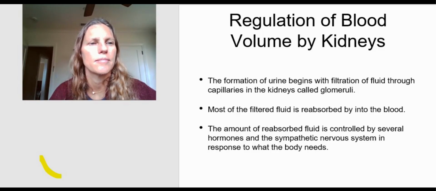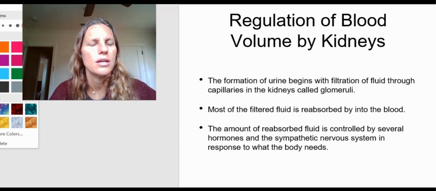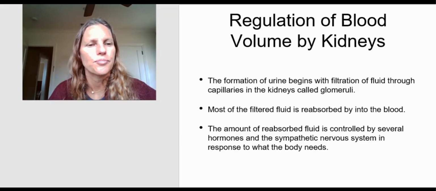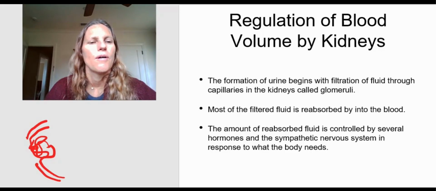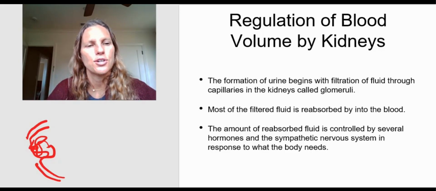Let's do it in red for our blood. We have the afferent arteriole, and we have the glomerulus, which is this funny capillary ball. Then we have the efferent arteriole. Blood flows towards the nephron in the afferent arteriole and then into the glomerulus, and whatever leaves the glomerulus leaves in the efferent arteriole.